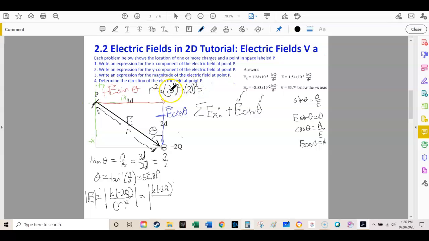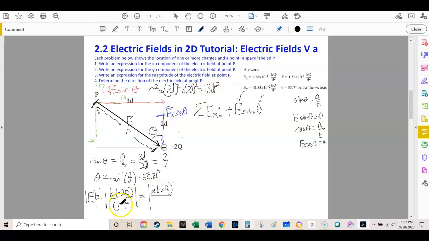So overall, this is going to be 9d squared plus 4d squared. So 9 plus 4 is 13d squared. So r squared is equal to 13d squared, and r is going to be equal to d square root of 13.